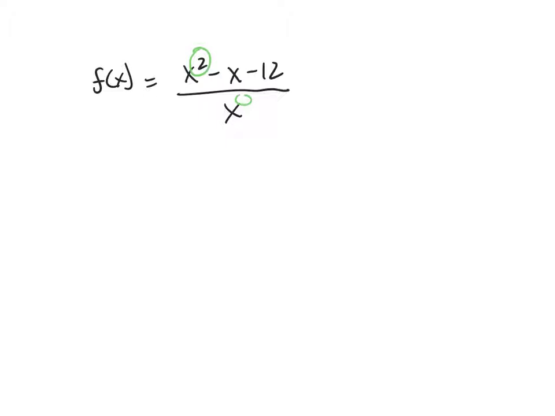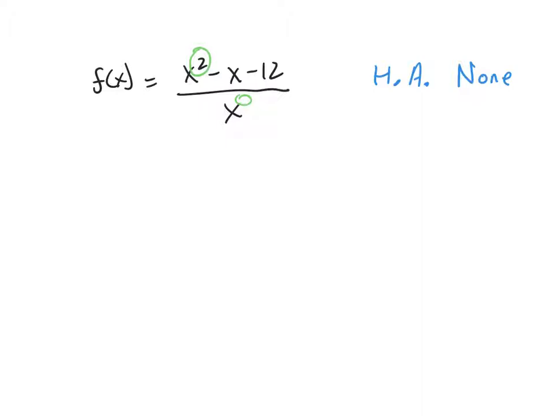The denominator is a linear function, and its degree is 1. Since the degree on top in the numerator is larger than the degree on bottom in the denominator, we will not have a horizontal asymptote. So in terms of horizontal asymptotes, I'm immediately just going to label that as a none, and we'll fill that into the box on the sheet.